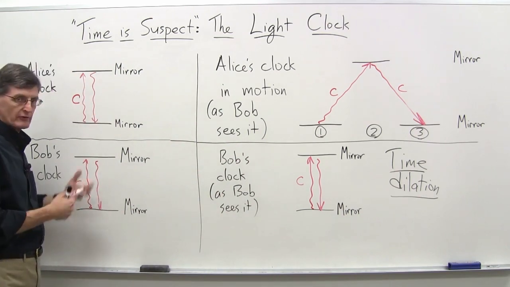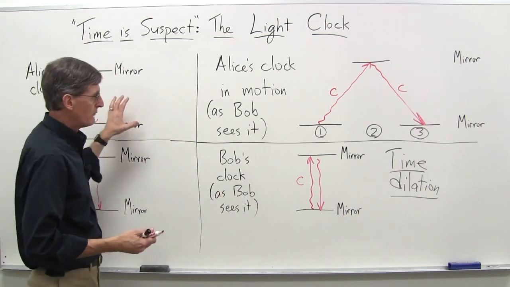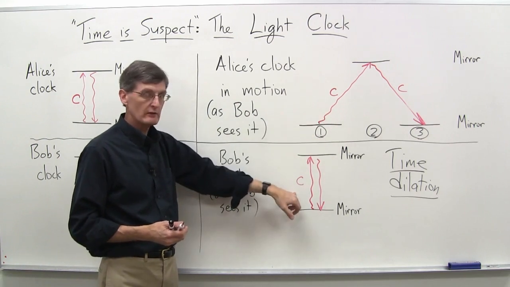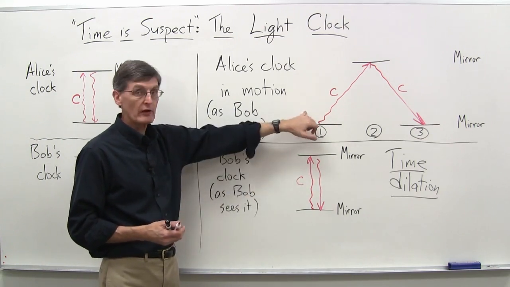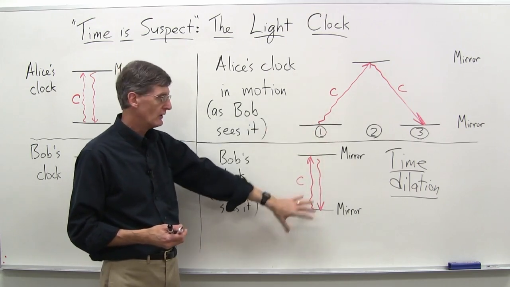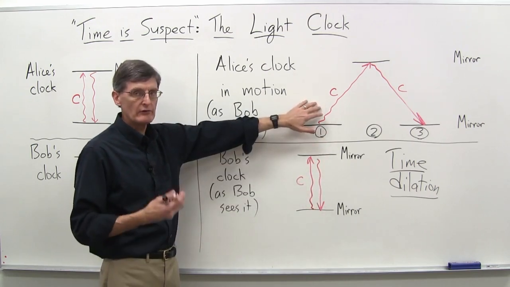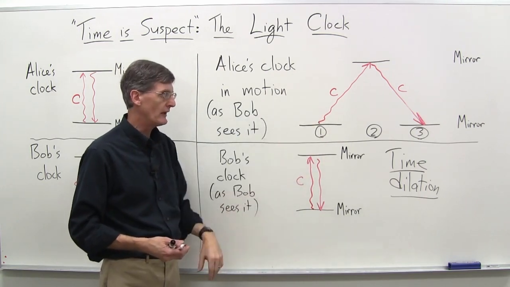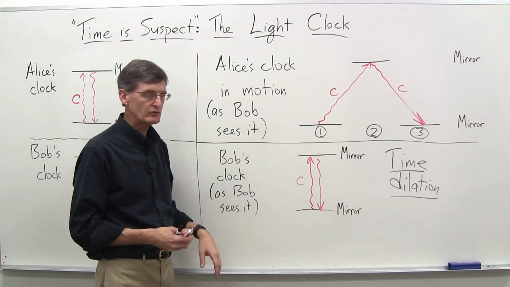When they're at rest, they're synchronized, so they run just fine. Put Alice's clock in motion, though, and Bob's clock here ticks away nicely. Alice's clock, from Bob's perspective, is ticking more slowly than his now. Her moving clock runs slow compared to his clock. That's known as time dilation.